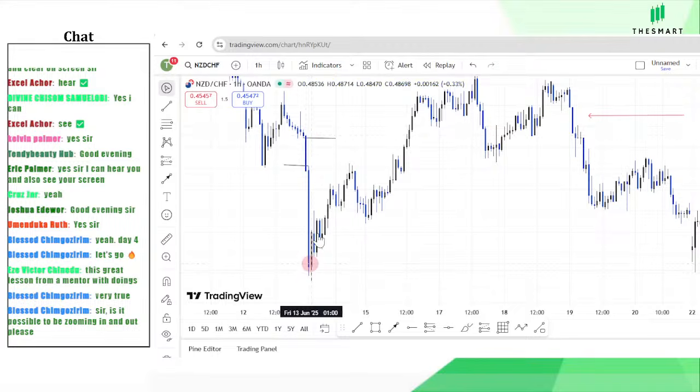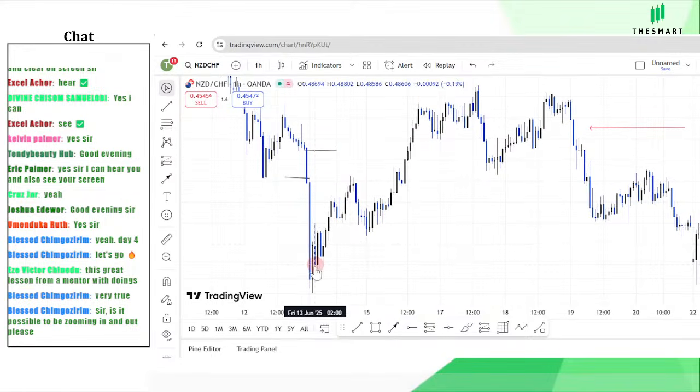That means within 2 hours, because my time frame is on 1 hour, we had a push from this point to this point. Now, how many candles did it take us to get back to the top? So you can see the movement at this part to the upside. So that's how you know if there is momentum or an impulsive move that you're looking for.